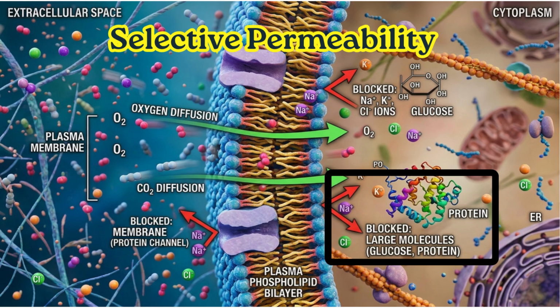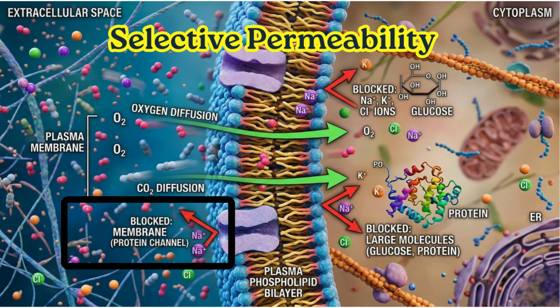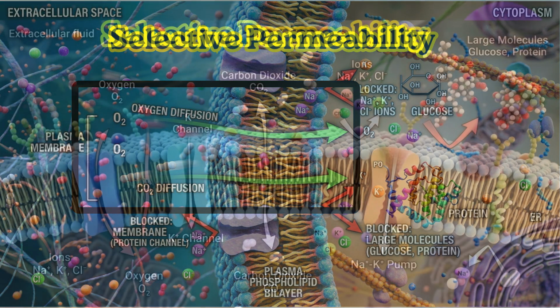Cell membrane is selectively permeable. It blocks large molecules such as glucose and proteins, blocks sodium, potassium, and chloride ions from moving outside, and blocks membrane protein channels. It is permeable to oxygen and carbon dioxide.